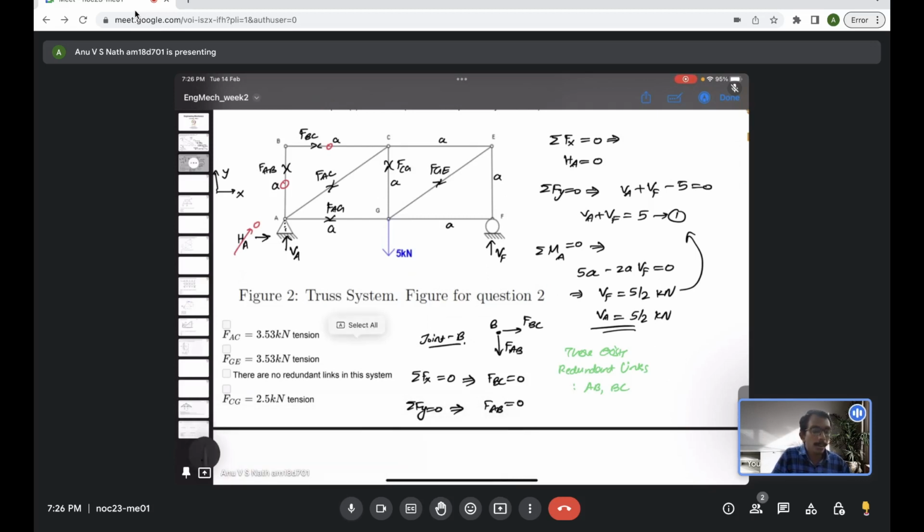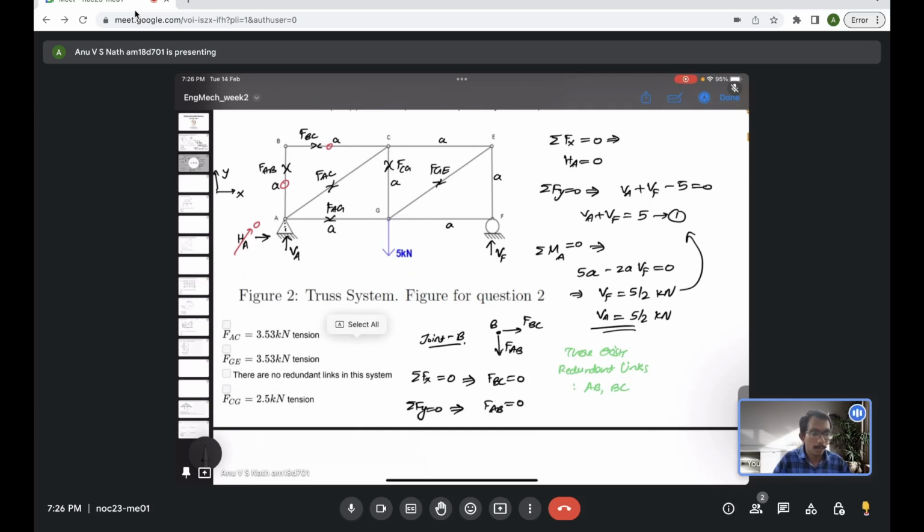Earlier, before considering joint B, if you had considered joint A, then we had four unknowns: FAB, FAC and FAG. Now we have considered joint B first, and then we are moving to joint A. We already know FAB is 0. So now if we consider joint A, we have two unknowns, FAC and FAG.